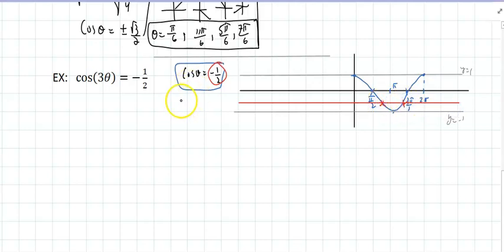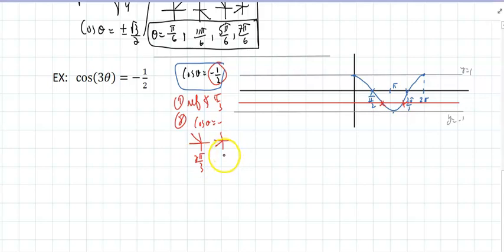And how do I do this? I'll say 1, what is the reference angle? The cosine of which angle gives me 1/2? That would be pi over 3. And the second question is obviously 2. What is the cosine of theta equal negative? That happens in quadrant 2 and 3. Quadrant 2, it's 2 pi over 3.